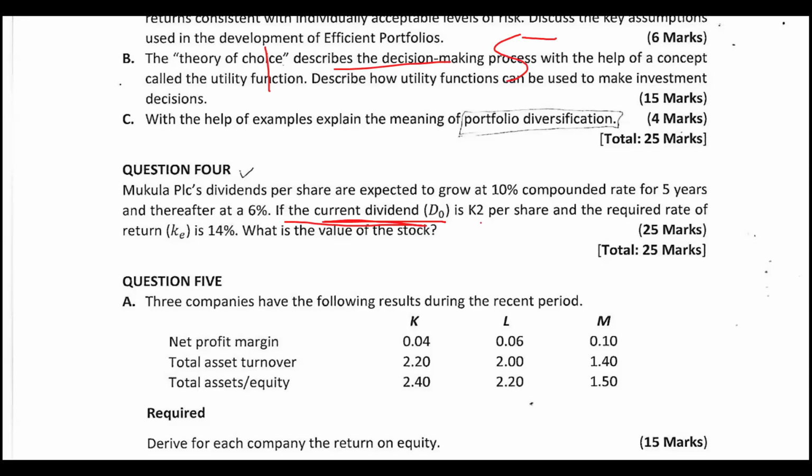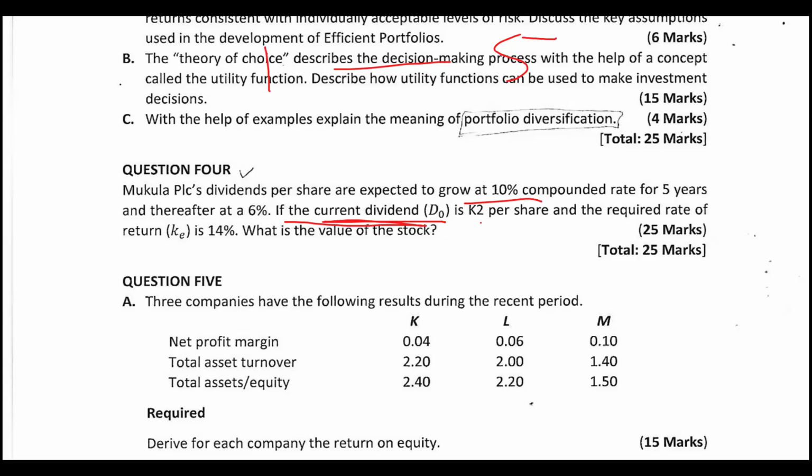In short, the dividends are going to be growing because they're being compounded by 10% every year for 5 years. So the dividend per share shall not remain 2 kwacha. Instead, it will keep on growing at this particular rate, in our case, at 10%.